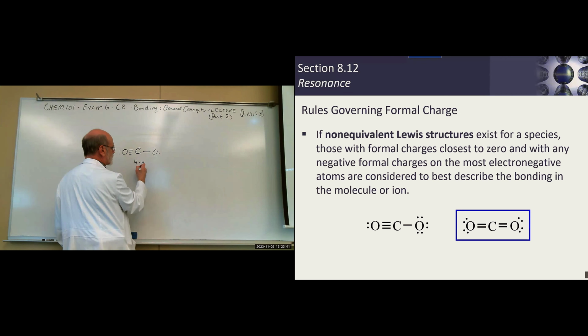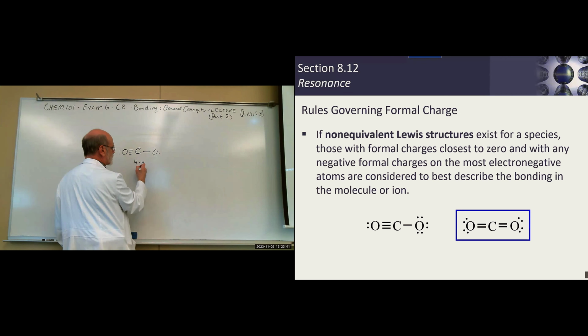But the oxygens are going to be different. Oxygen has 6 as a free atom, 6 as a free atom. But here we have 2, 4, 6, 7. That's a -1. This one has 6 minus 1, 2, 3, 4, 5. And that's a +1.